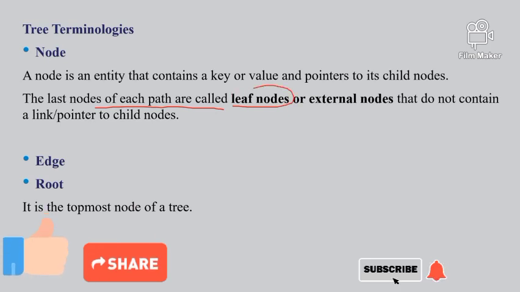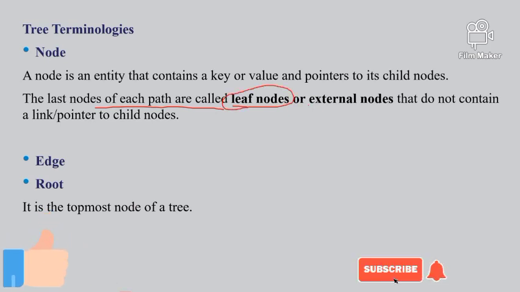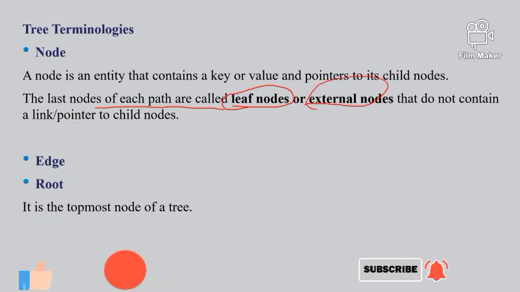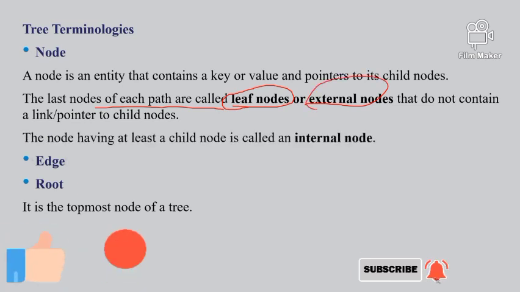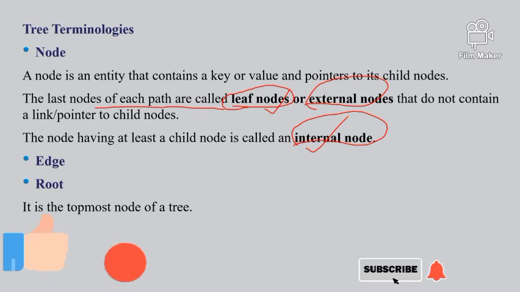That child node is called a leaf node, or it is also called an external node. Next, there is also an internal node. Internal node means what? The leaf node is the external node, and the parent node becomes an internal node.